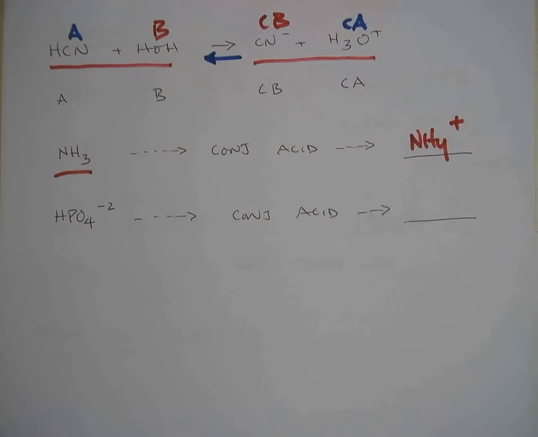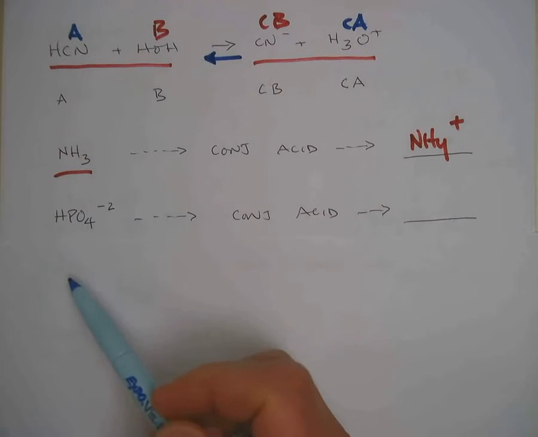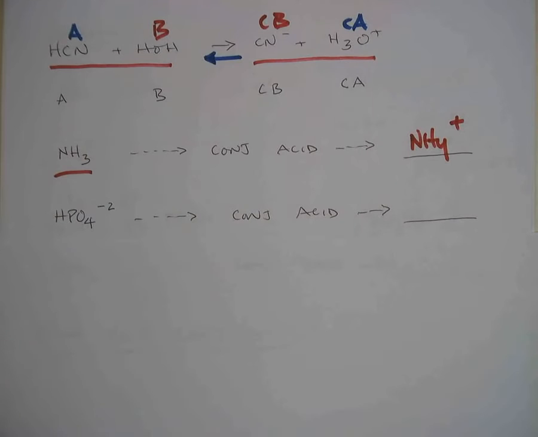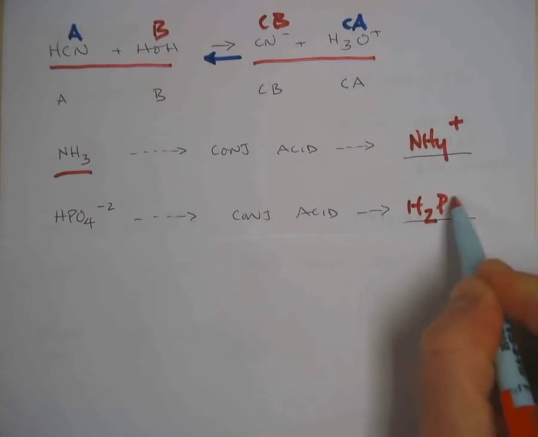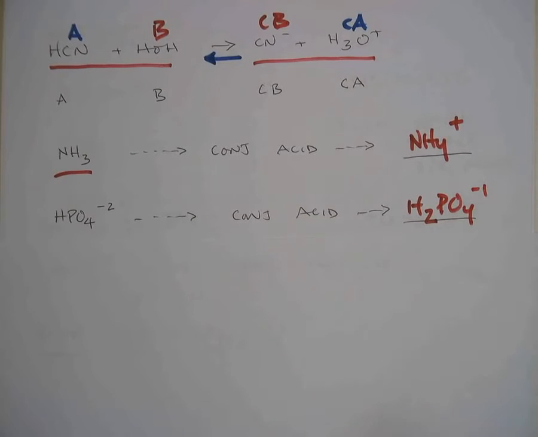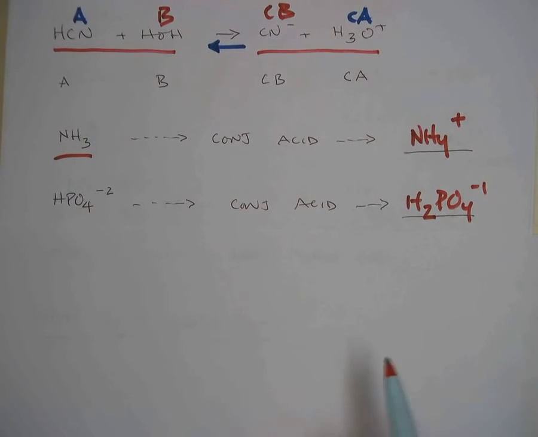Okay, here's HPO4 2 minus, and we're asking what is the conjugate acid of this? So this is acting as a base, and being a proton acceptor would mean that it would form H2PO4 and would have a -1 charge instead of -2 because it accepted a proton and therefore went up 1 in charge. You should be able to do the opposite too.